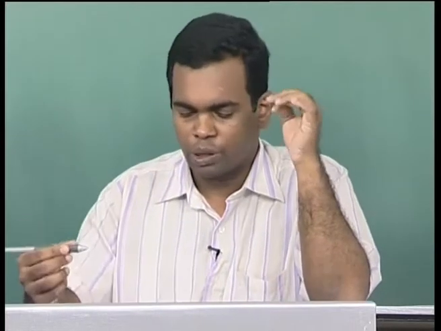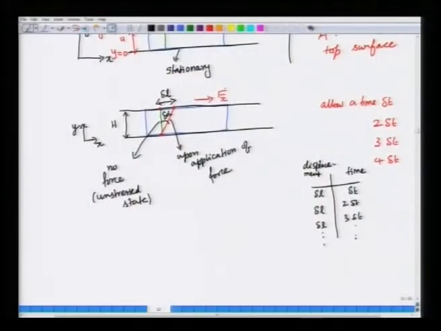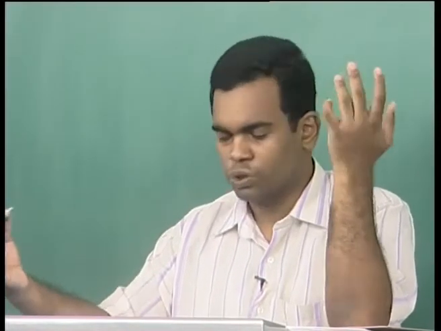And if you were to do experiments at different values of force, for a force Fx, the displacement will be delta L. Then if you were to do 2 Fx, the displacement will be 2 delta L, and 3 Fx, 3 delta L. If it is a purely elastic solid, you will find that the displacement, which is a response to the force, is directly proportional to the force.